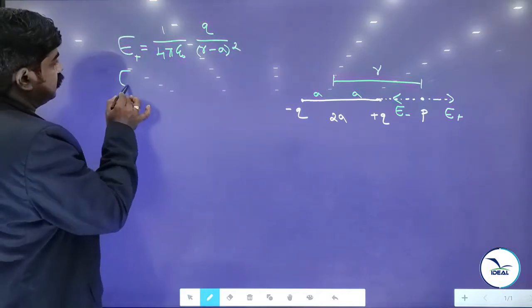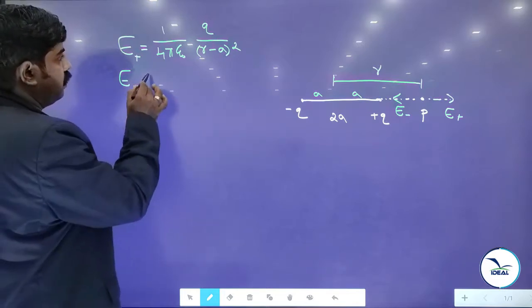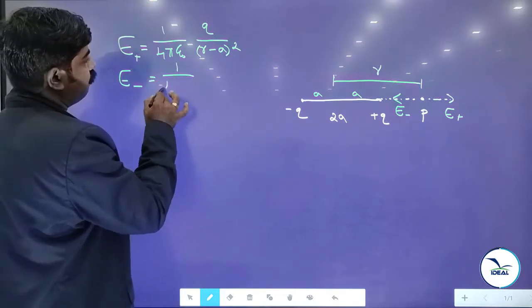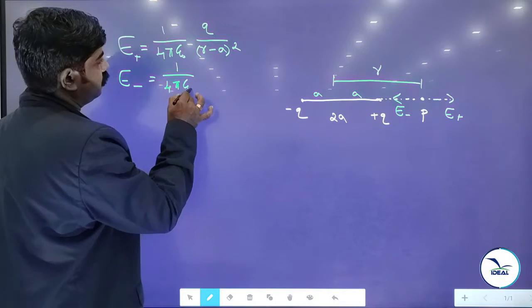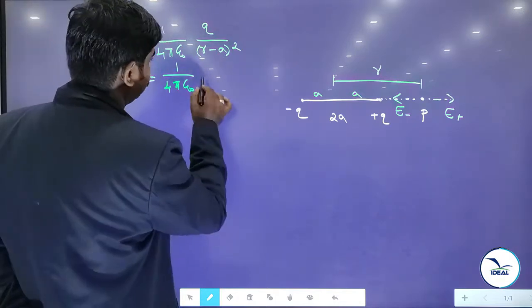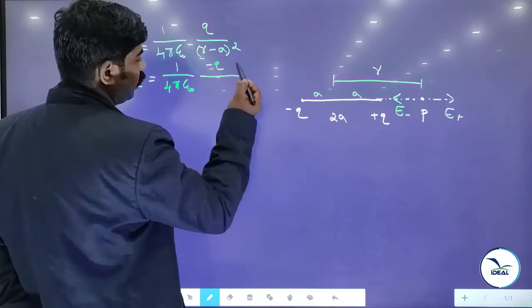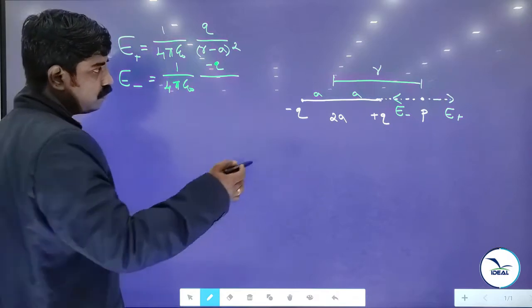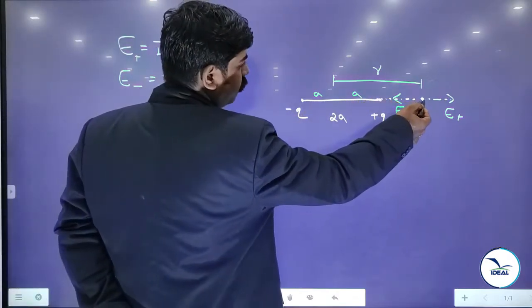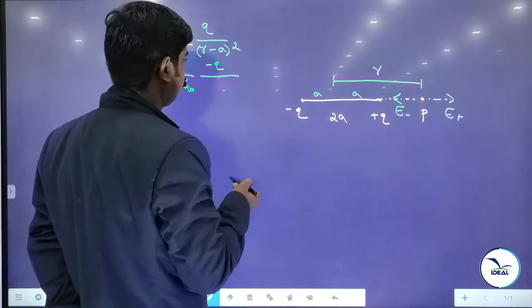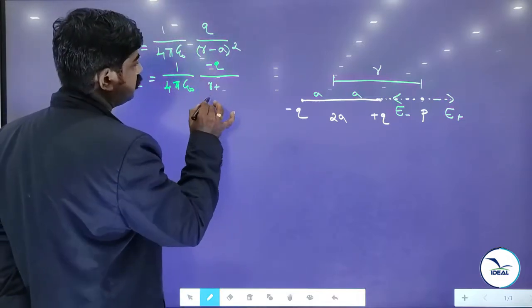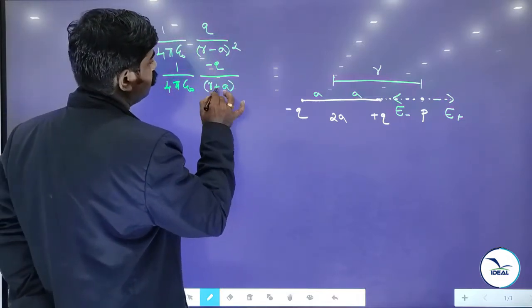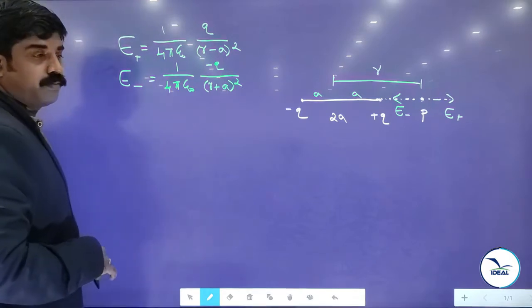And E minus is 1 by 4 pi epsilon 0, charge is minus q, by r plus a the whole square, the distance from this point to this point.